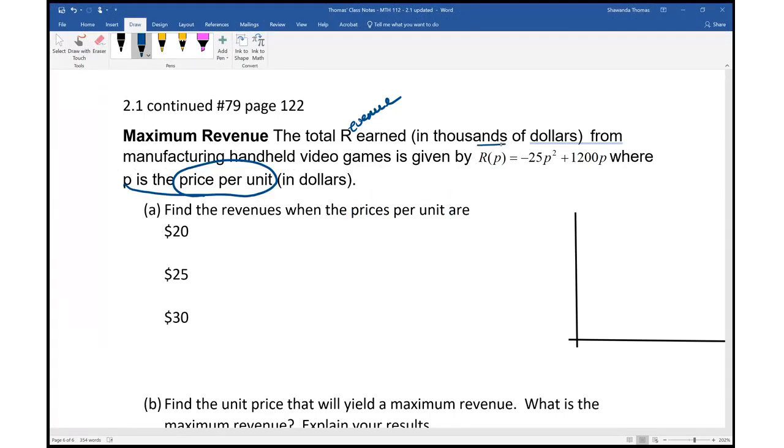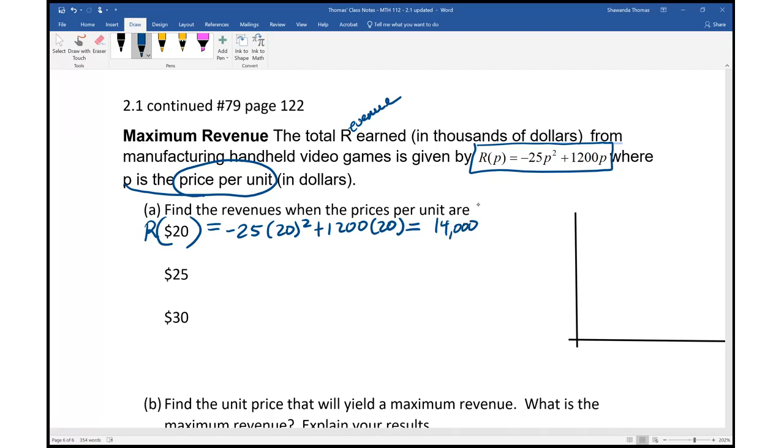So our function is R of P. Let's go ahead and put R here of P. So R of $20 would be -25 times 20 squared plus 1200 times 20. All right. So we put this in our calculators. -25 times 20 squared plus 1200 times 20 is what? So this is 14,000.